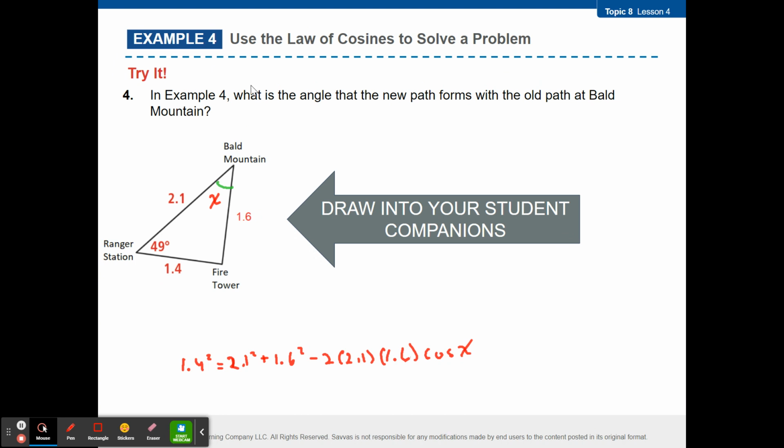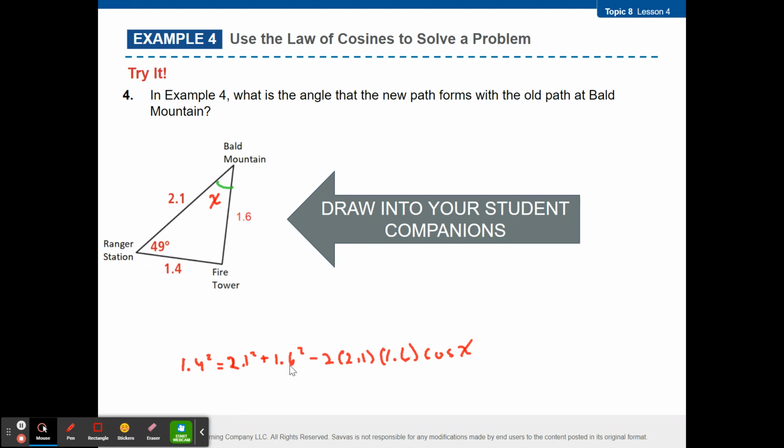All right, if we take a look here, we have the setup of 1.4 squared equals 2.1 squared plus 1.6 squared minus 2 times 2.1 times 1.6 times the cosine of x, or whatever we decided to call it. Again, remember, this part gets multiplied together, giving you 6.72.